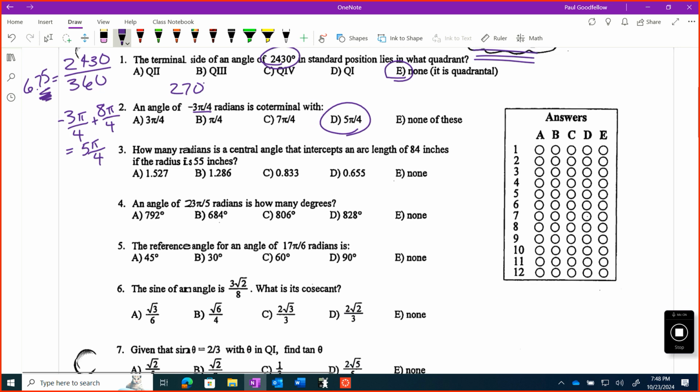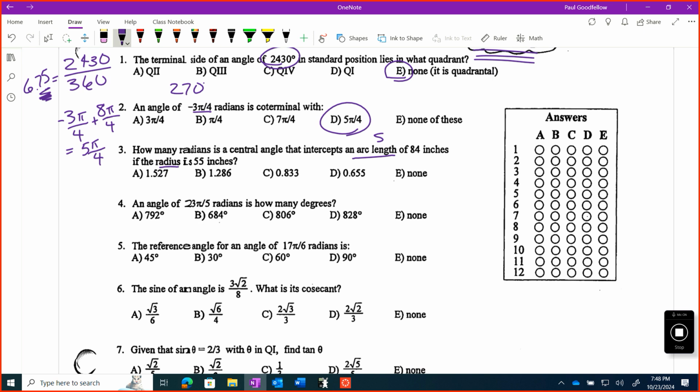Now, let me see if I can make this scale down. Oh, look at that. I did it with my fingers. Okay. Number 3, how many radians is the central angle that intercepts an arc length, which is S, of 84 inches and has a radius of 55 inches, okay?